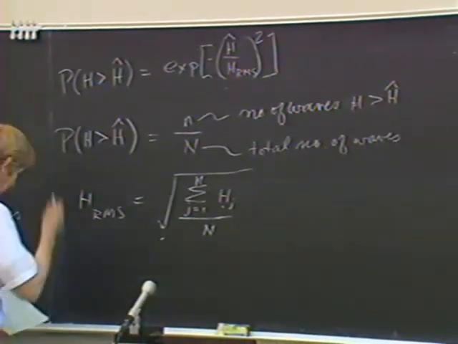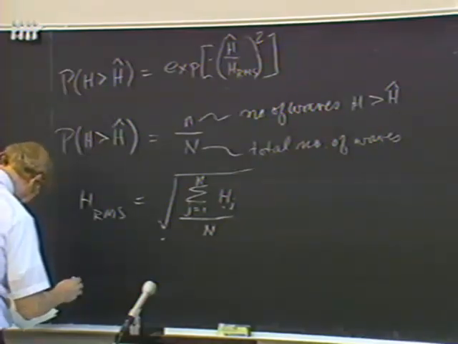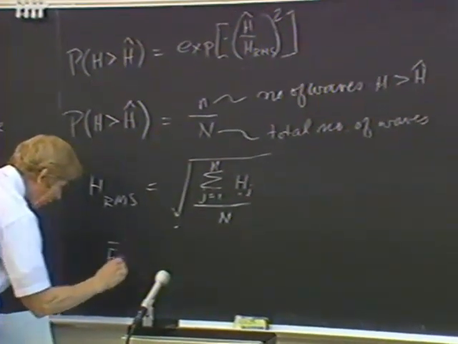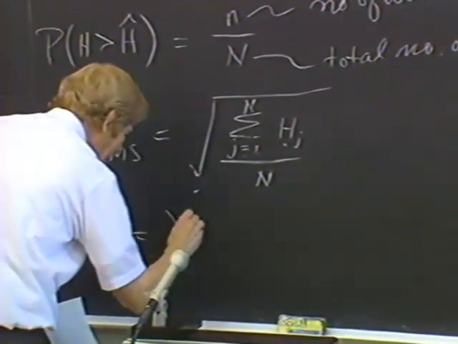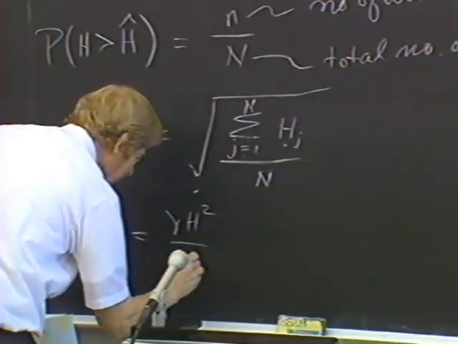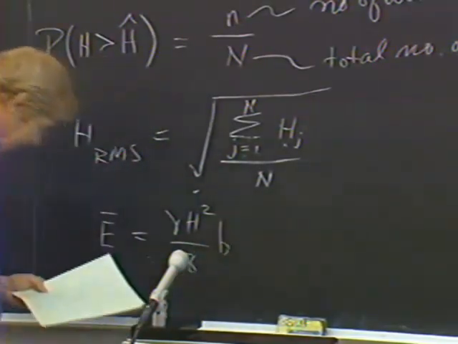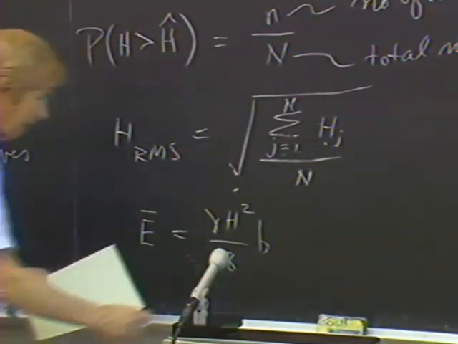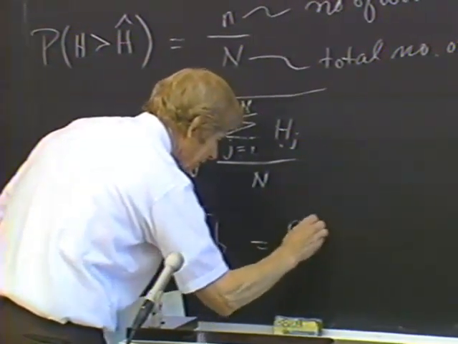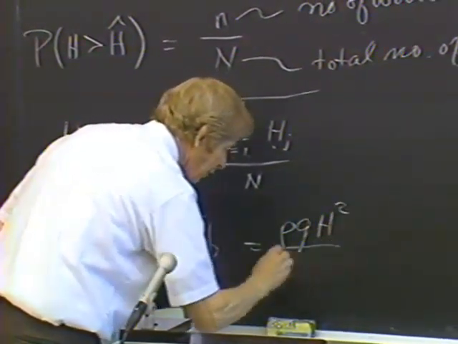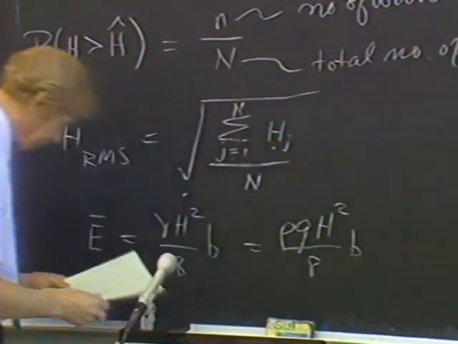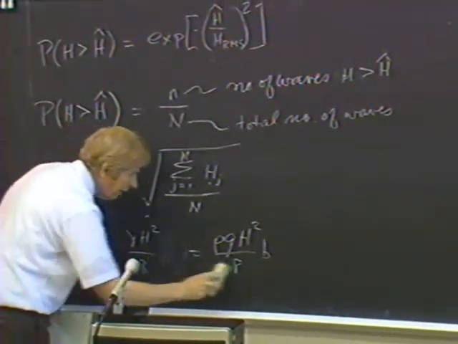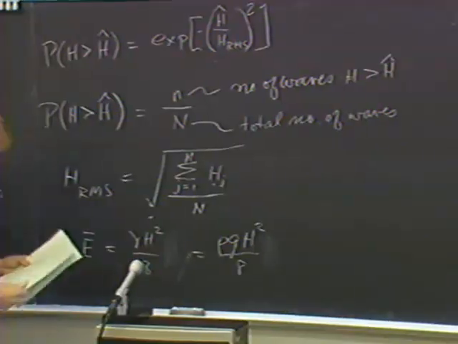I recall that we have the energy for waves, the energy averaged over a wave, I'll call it E bar, was equal to gamma H squared over 8. And we had B there for considering different lengths of waves, or we could write that as rho g H squared over 8. Let's consider just B equal to 1, so we have a 1 foot width here for our convenience.